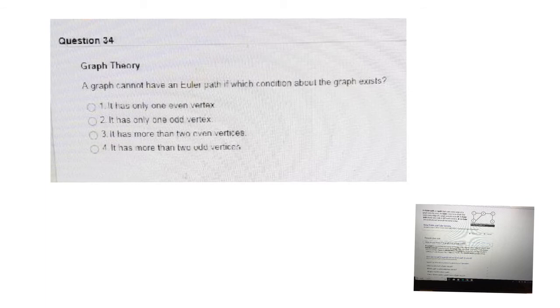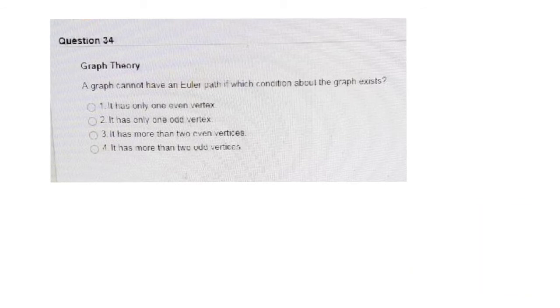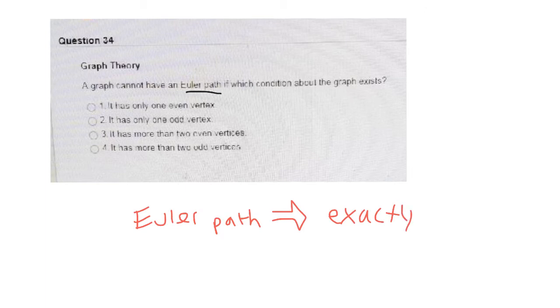Okay, so a graph cannot have an Euler path if which condition about the graph exists? I was going to go over this picture, but I don't think that's a good idea. I think what we need to know is the following. When it comes to Euler paths, not circuits per se, but paths, in order for it to have an Euler path, it must have exactly two odd vertices.